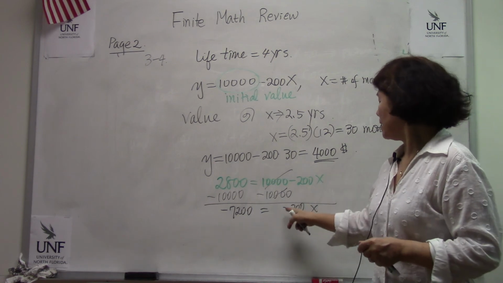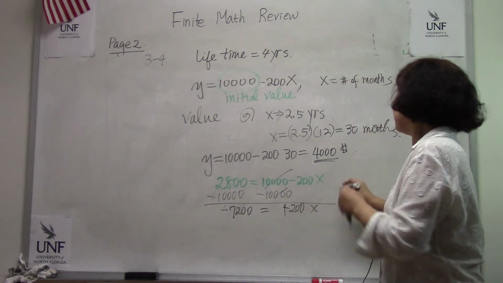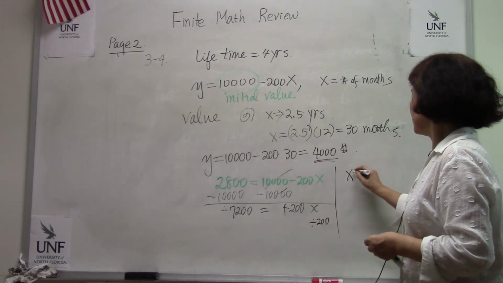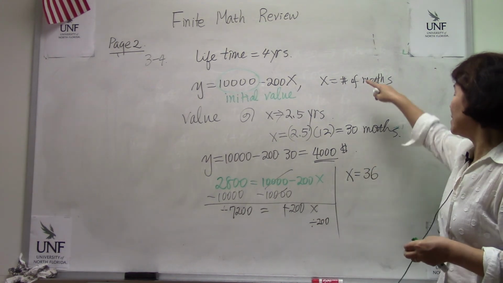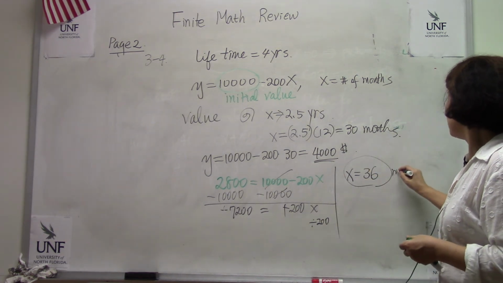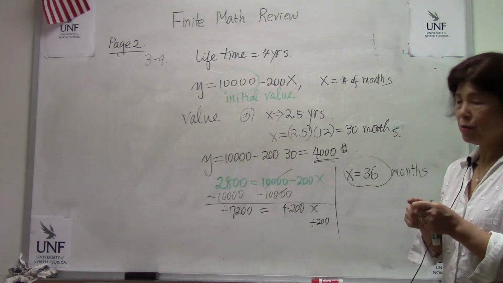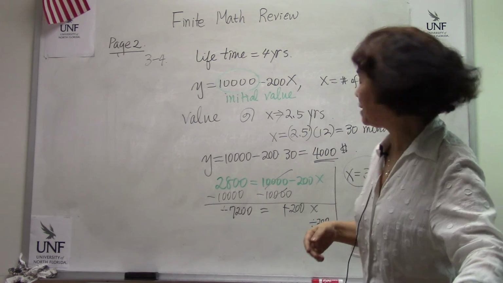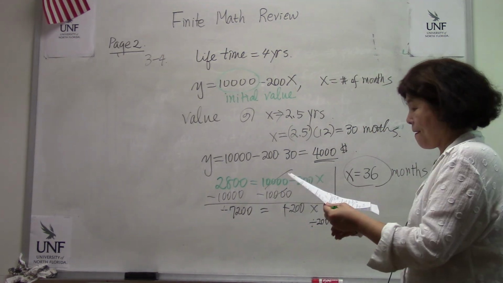At this point you can drop minus, minus. Divide both sides by 200 and that gives you x equals 36. But x is a number of months, so x equals 36 months. So 36 months after the purchase, the value will go down to $2,800, or 3 years.